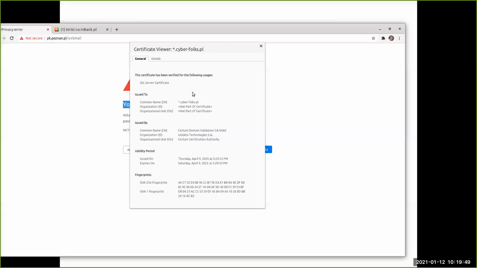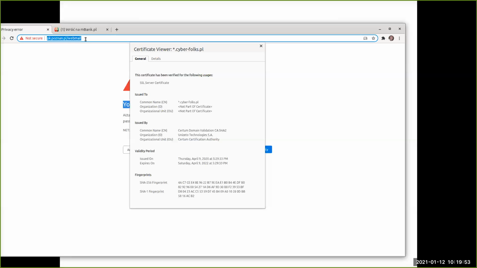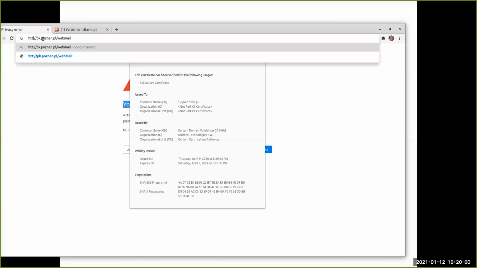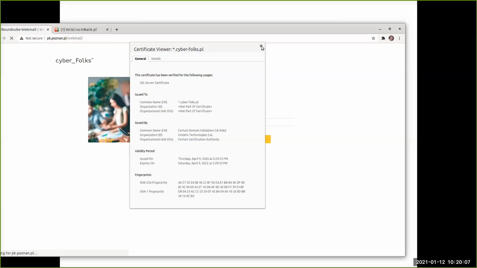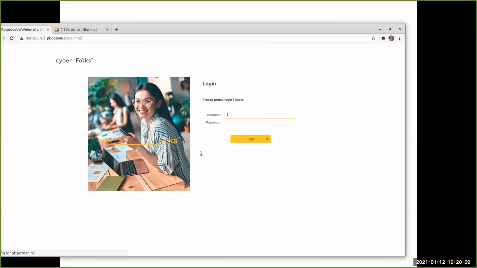So it's still better than using a connection without HTTPS. If I use HTTP, there is information that it is not secure. It means that there is no HTTPS because we use standard HTTP.